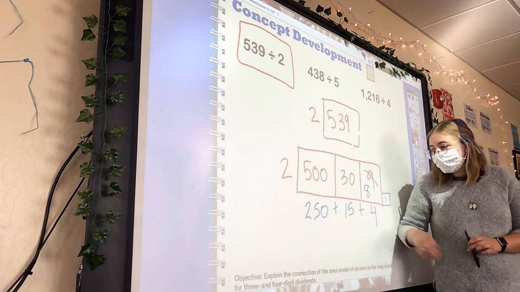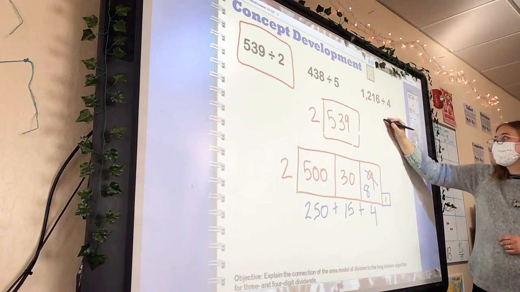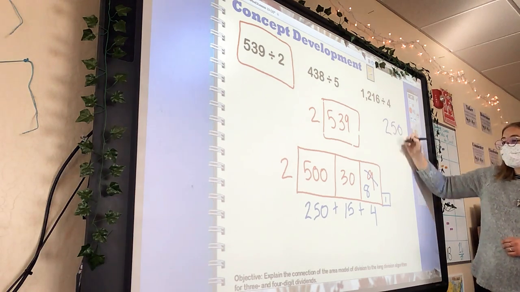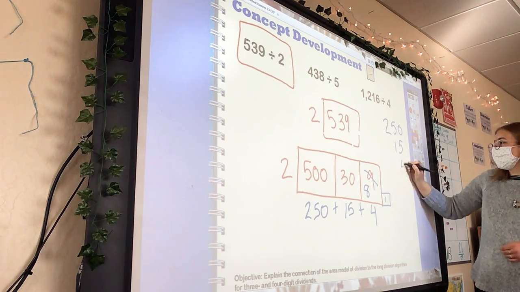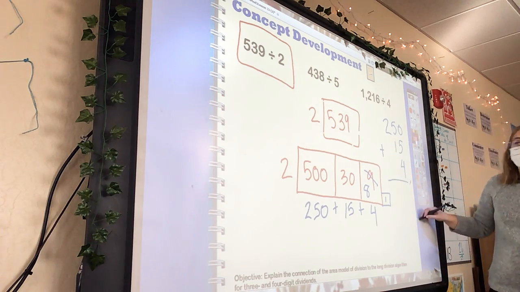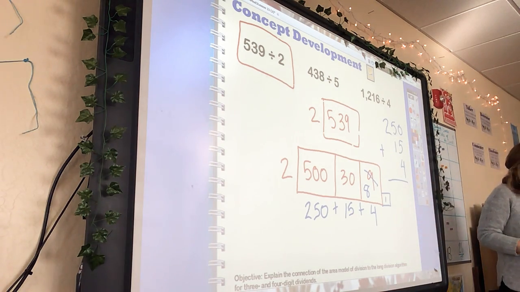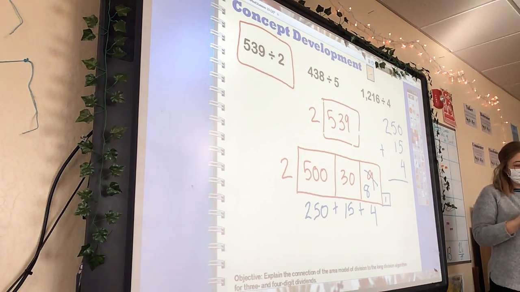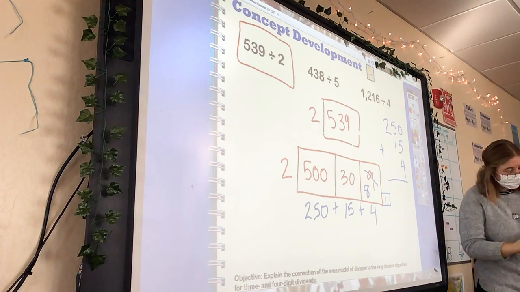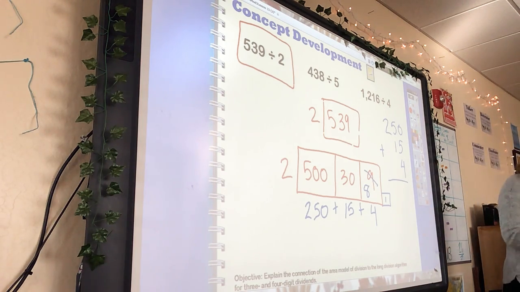Can you take 30 seconds and add up 250 plus 15 plus 4. Ready? Okay, go. Everybody's doing it. Come on. Just add those up. I promise you'll be fine. Add them up. Go. Good, Christian.